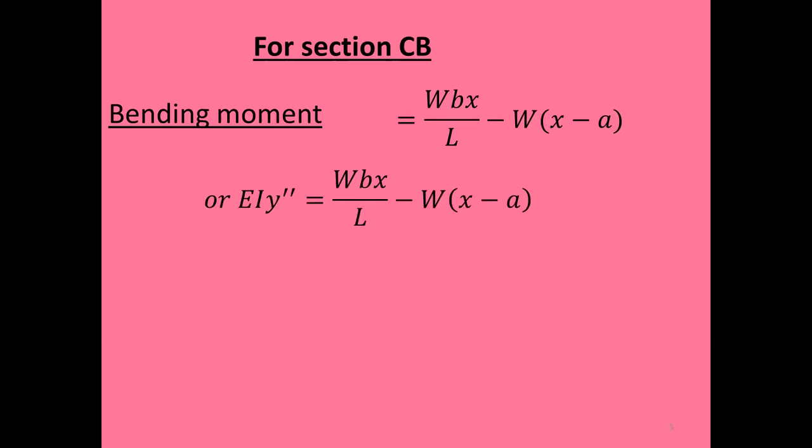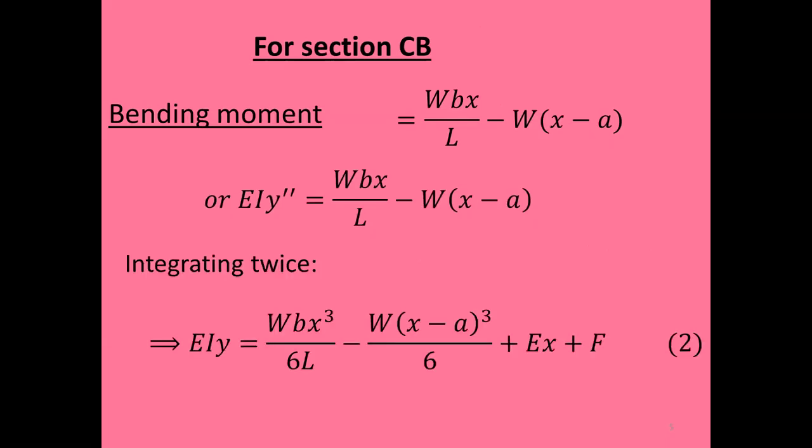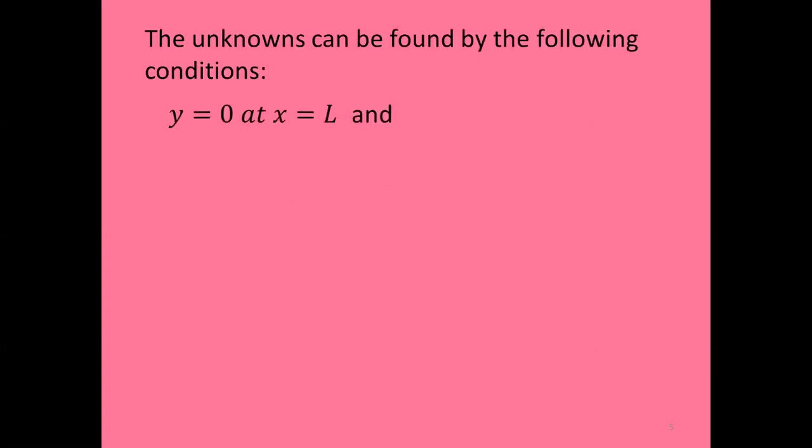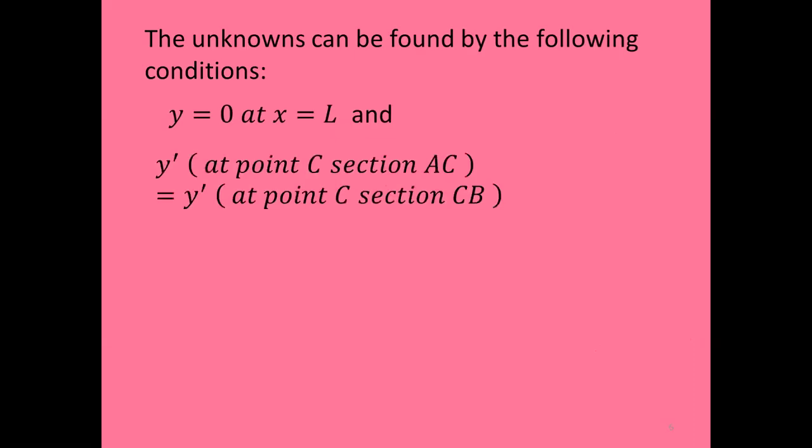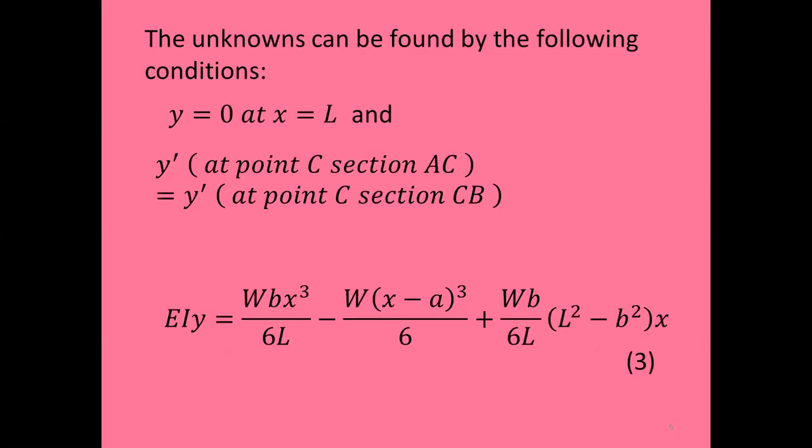We first of all find the bending moment and then substitute it in the required governing equation and integrate it twice to give equation number 2 having two unknowns E and F. Now out of these two unknowns, we can find the value of one unknown, that is F. To give equation number 3 as the required deflection equation for the entire beam, that is beam AB.